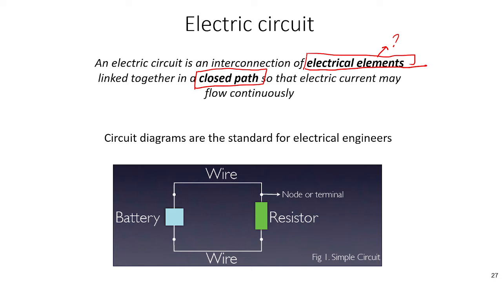So firstly, we learn how to solve the basic circuit. This is a simple circuit. We have a battery as the source, and a resistor as a passive element.